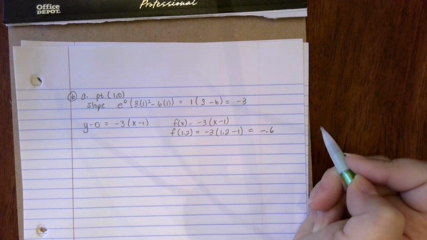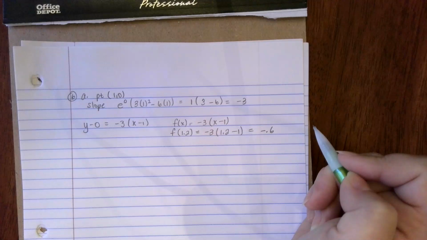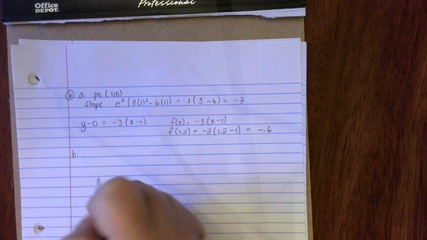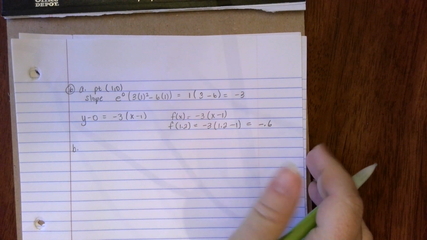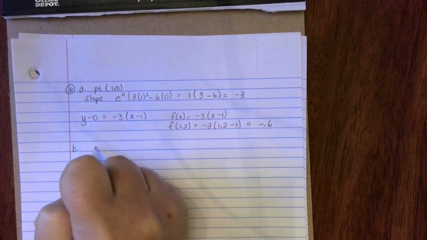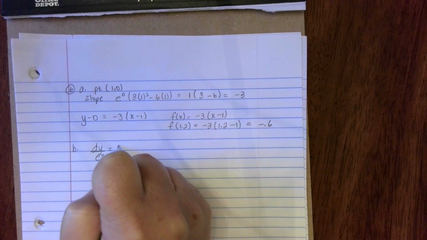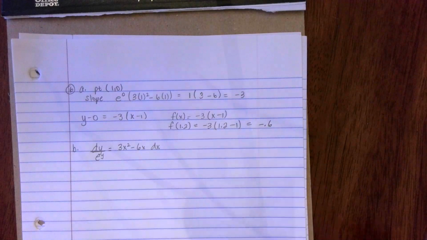All right, part B, find y equals f of x, the particular solution to the differential equation that passes through (1, 0). So we want to separate our variables. We want to put the dy and the y's together, and the dx with the x's together. So I'm going to have dy divided by e to the y, and I'm going to have 3x squared minus 6x and then the dx.